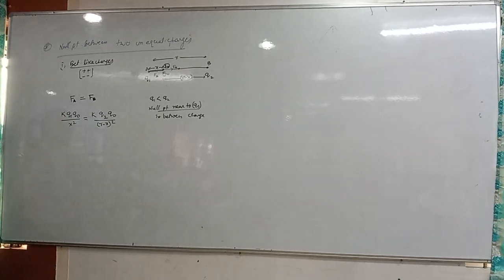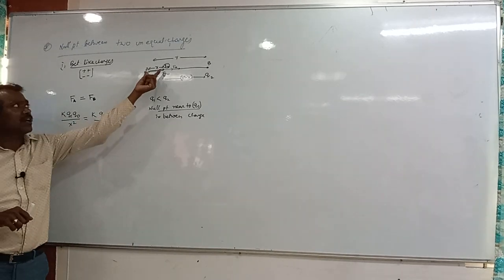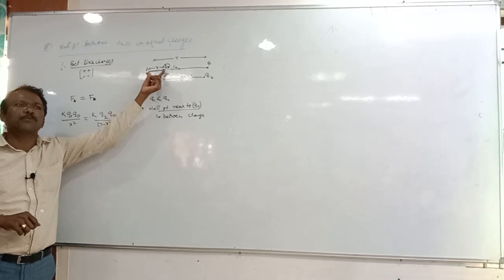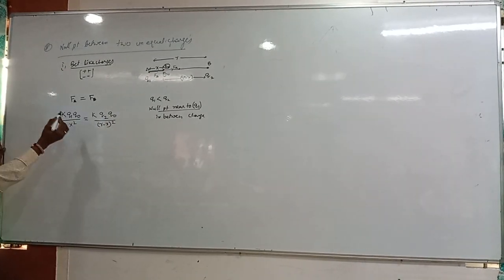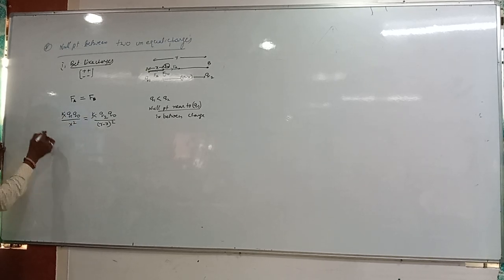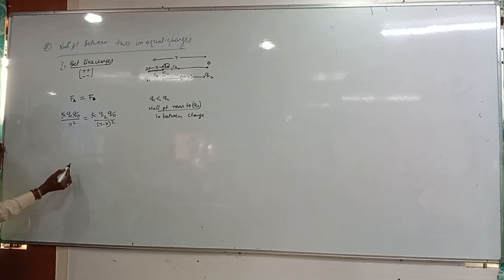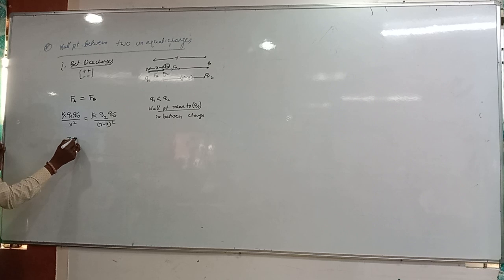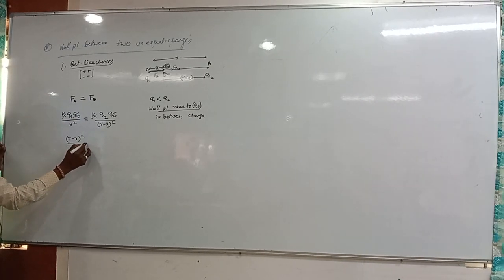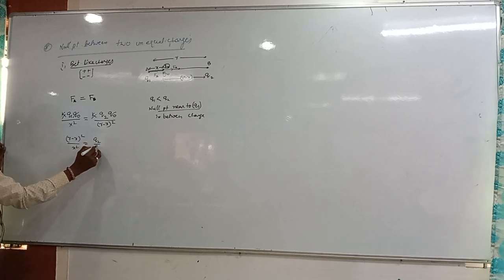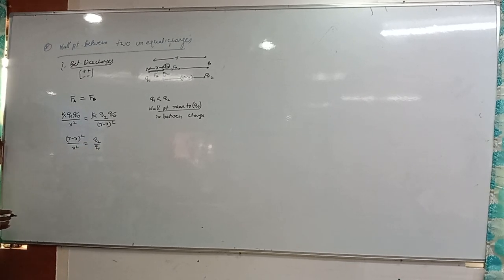Our intention is to find out the distance of the null point between the charges. Okay, q naught gets cancelled, right? So (r minus x) whole square by x square is equal to q2 by q1. Correct?